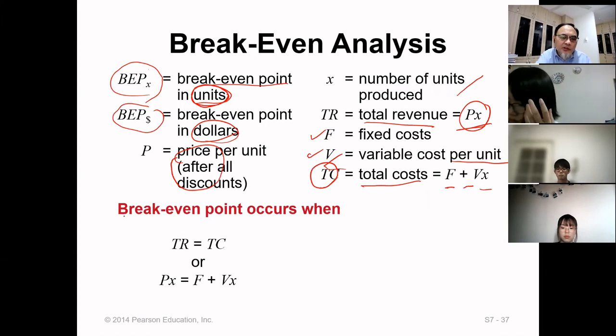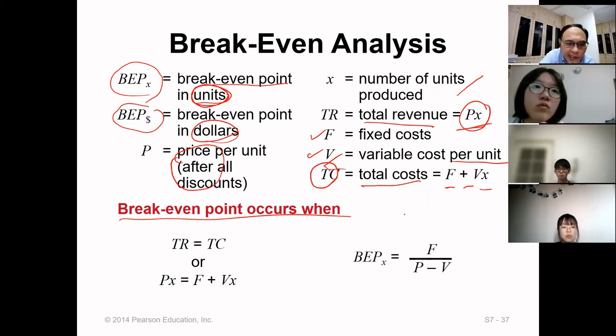Okay, so the break-even point occurs when TR equals TC, because TR is PX.